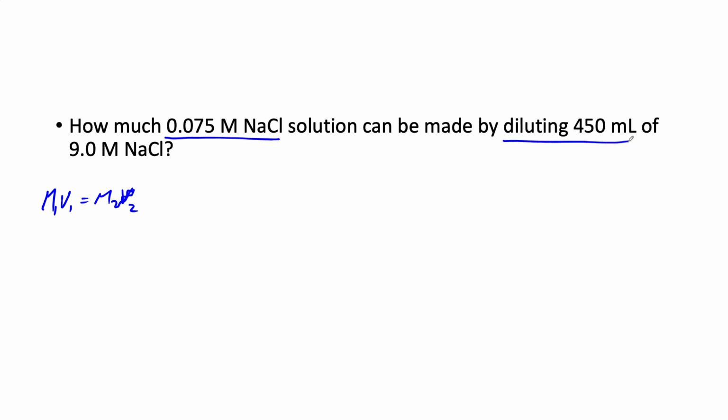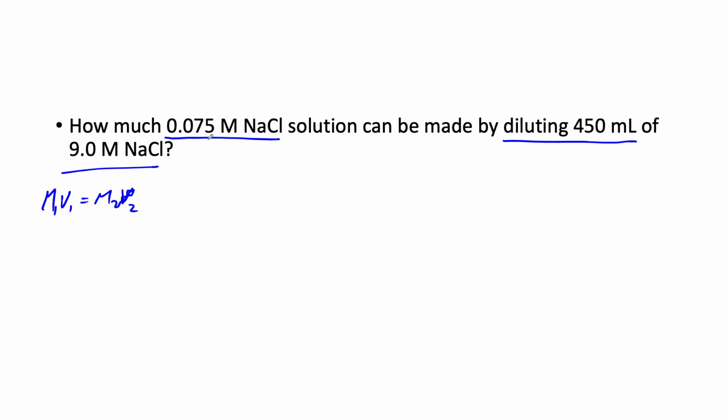So here's a verb: we're taking 450 mils of this concentration. And this is the problem with these problems, understanding what's occurring. It's the wording that's going to drive you guys nuts. And there are so many ways to word this, so you've got to realize which concentration and volume go together, and whether they are initial or final.